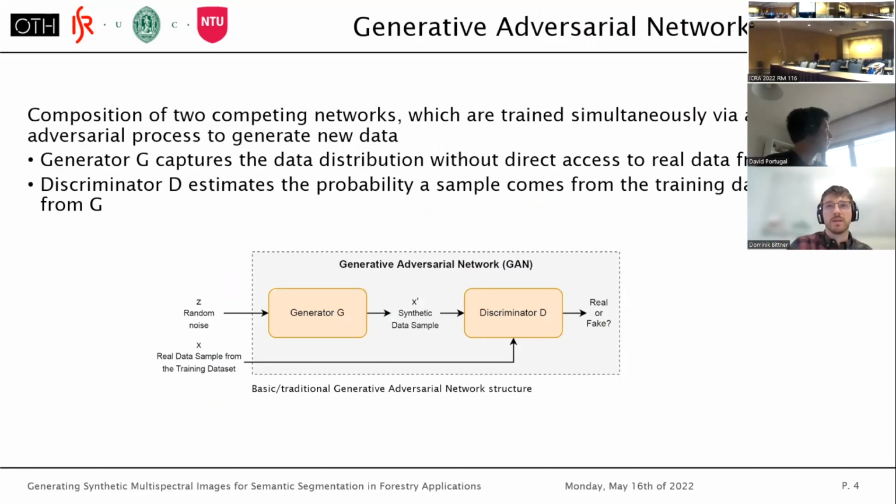To augment data, generative adversarial networks, or GANs for short, could be used.